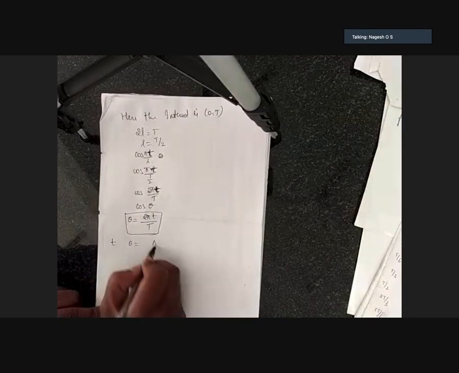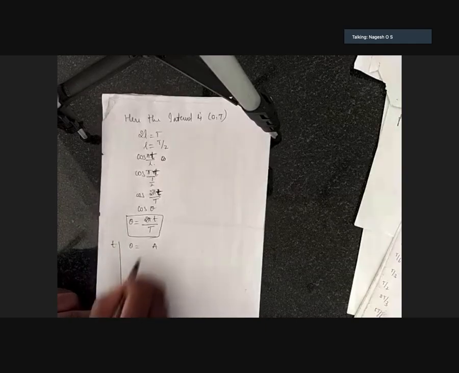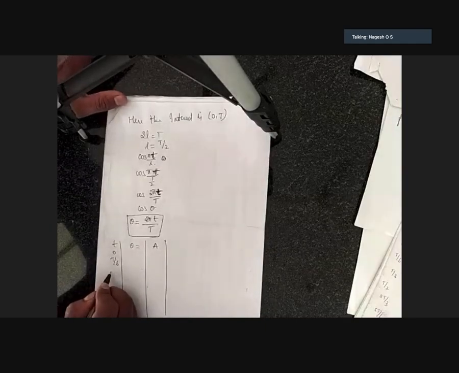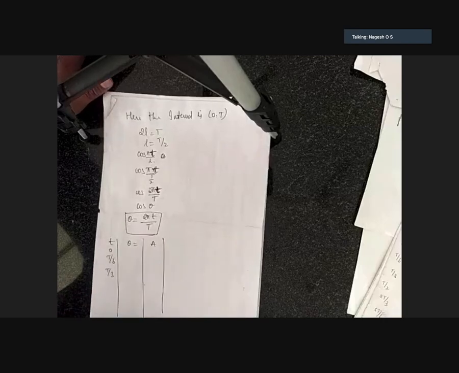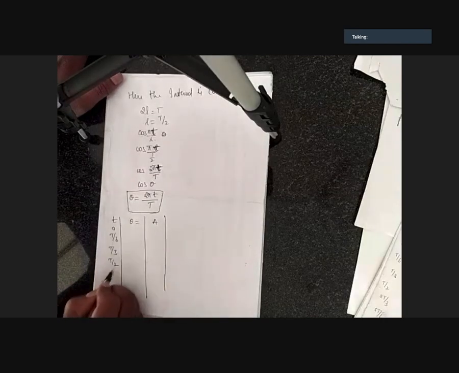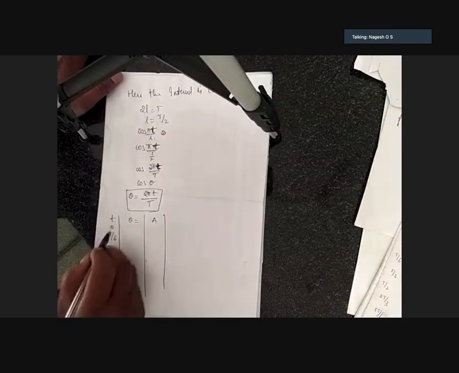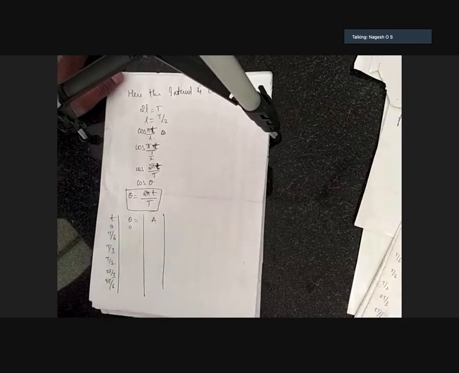Find out theta, A value will be same. 0, T by 6, T by 3, T by 2, 2T by 3, 5T by 6. We should not consider last value because first value and last value are same. If you substitute here, this will become 0.